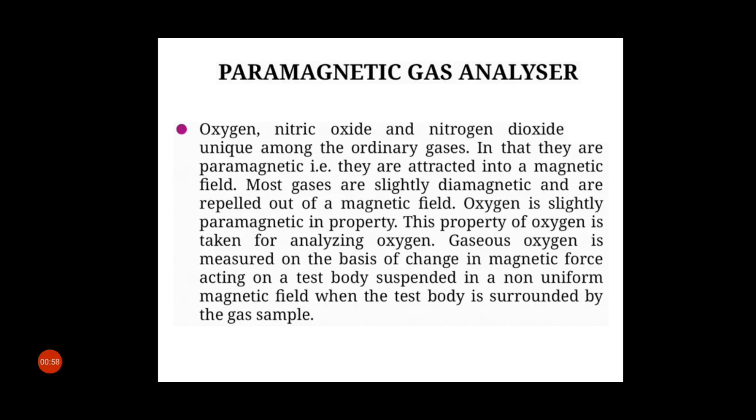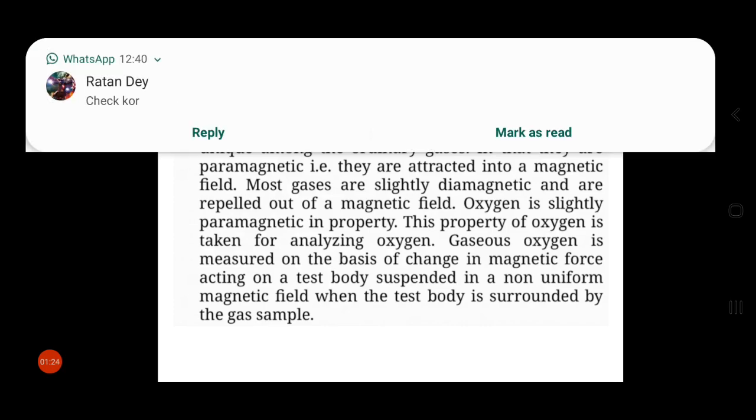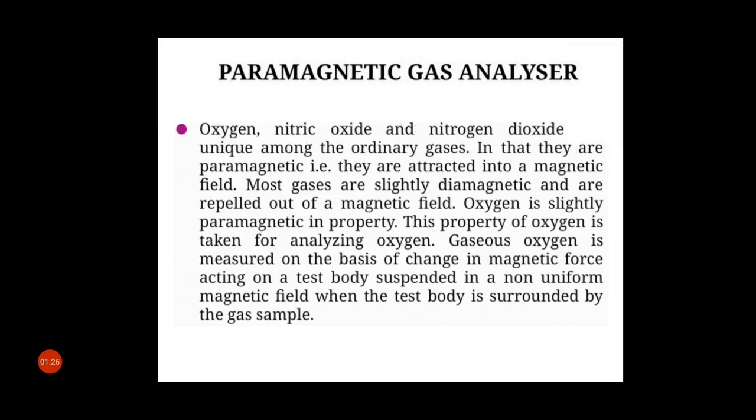They have paramagnetic property, that is, they are attracted into a magnetic field. Most gases are slightly diamagnetic. They are repelled out of the magnetic field. But oxygen, nitric oxide and nitrogen dioxide have paramagnetic property. They are attracted into the magnetic field.